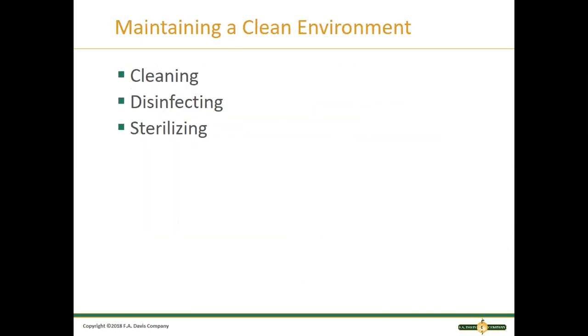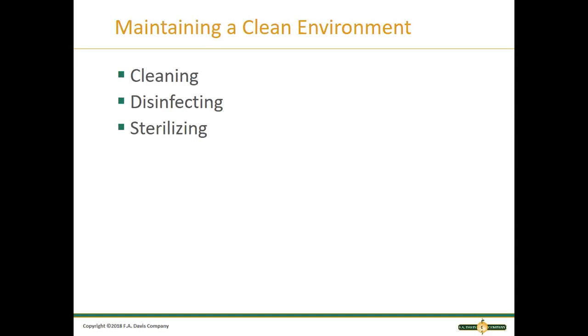How do we maintain a clean environment? Well, we clean. And that can be on any visible soil, on objects and surfaces, making sure there's no dust. But that's cleaning. Disinfecting, that's where we're going to use some kind of chemical agent, and that will remove pathogens on any inanimate objects.